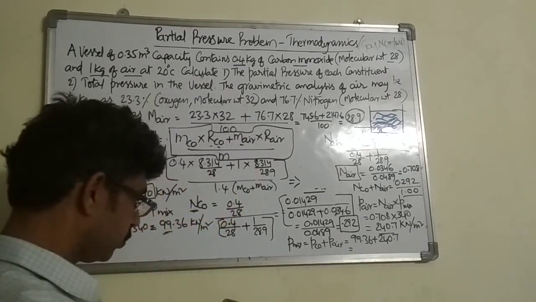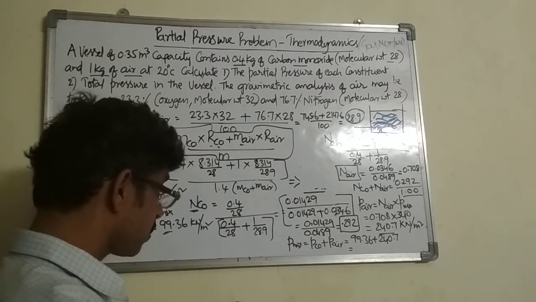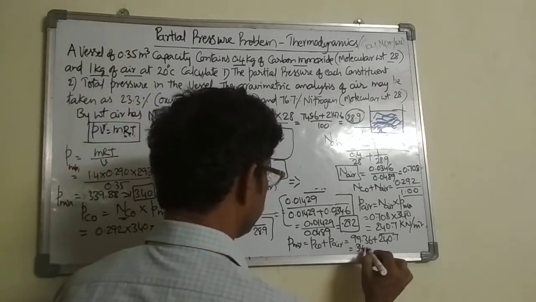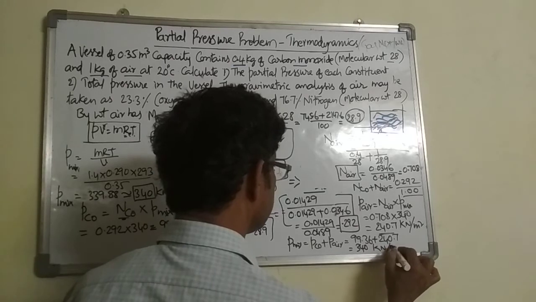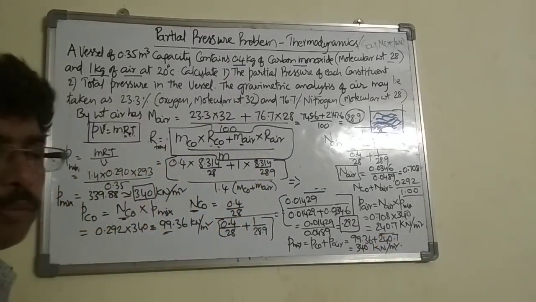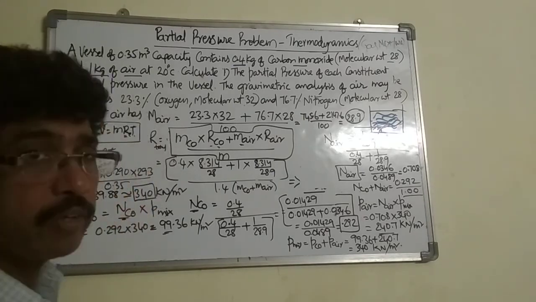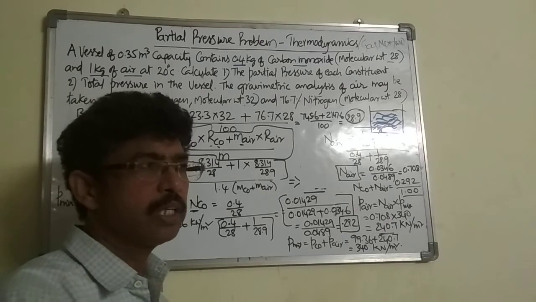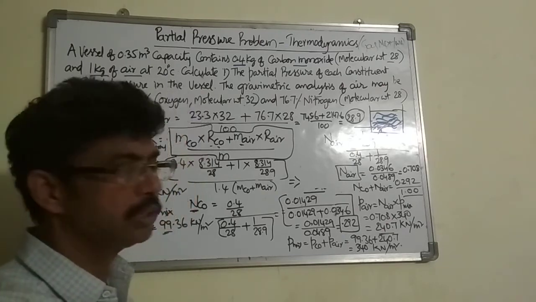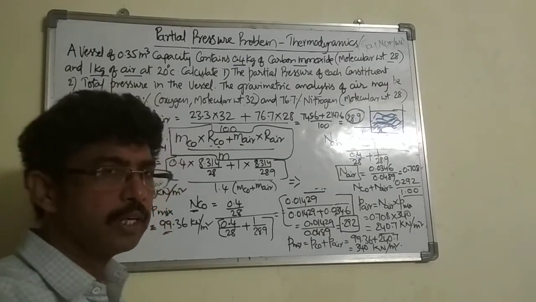If you add these two things, again you will get the answer 340, roughly about 340 kilonewtons per meter square. So this is the way we can solve this problem of partial pressure of gas constituents. If you have any mixture of gas which has different constituents, this is the way we can calculate the partial pressure of each constituent in the gas mixture.